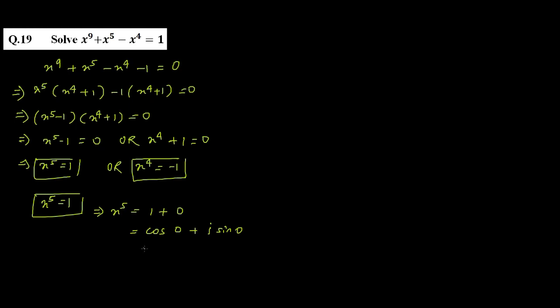That means, as cos and sine functions are periodic in nature and the period is 2 pi, so instead of cos 0, I can write cos (0 plus 2n pi) plus iota sine (0 plus 2n pi). Okay. What is n? n is any integer.